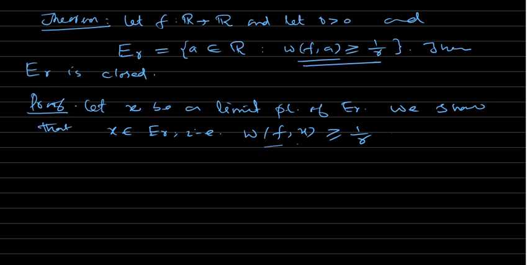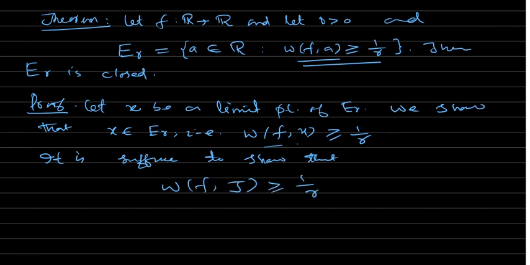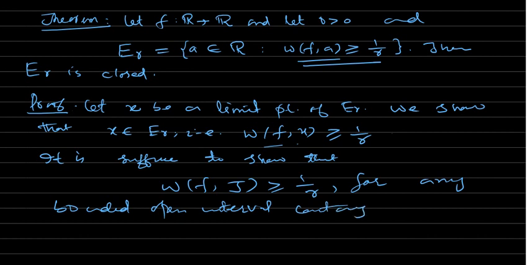So it suffices to show that the oscillation of f over J is greater or equal to 1 by R for any bounded open interval containing x. From this we obtain that the oscillation of f at x is also greater or equal to 1 by R, because it is the GLB of such numbers.